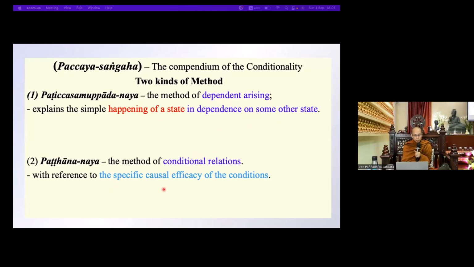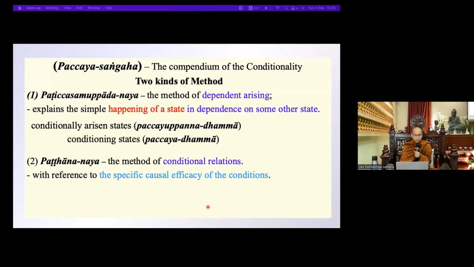Okay, so in the Patthana, not only these two, Patthana explains the specific causal efficacy of the condition. So let's see the difference. In the first method of dependent arising, it mentions the Paccayuppanna Dhamma, conditionally arising states, in other words the conditional states, and also mentions the conditioning states, their conditions.